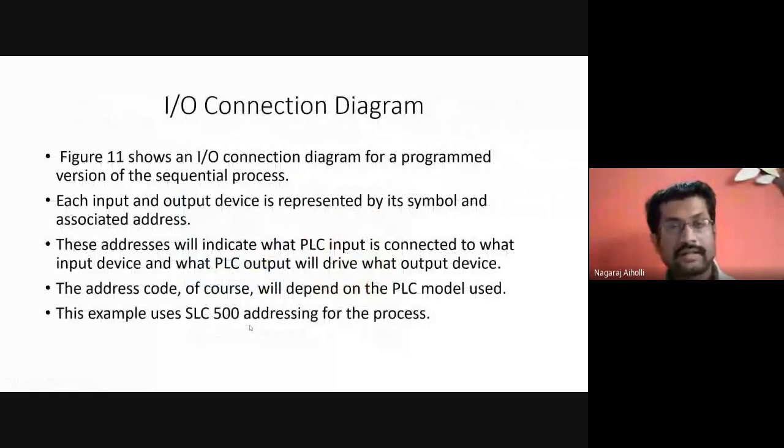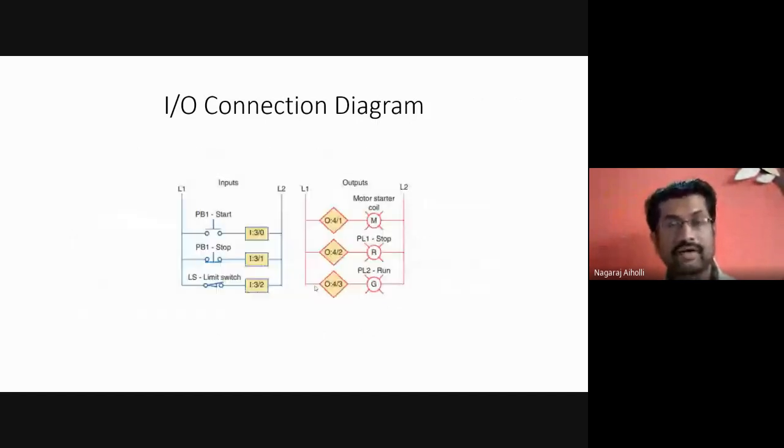In this IO connection diagram for a programmed version of the sequential process, each input and output device is represented by a symbol and its related address. These addresses indicate which PLC input is connected to which input device and which PLC output is connected to which output device. The addressing will differ from one PLC to another.